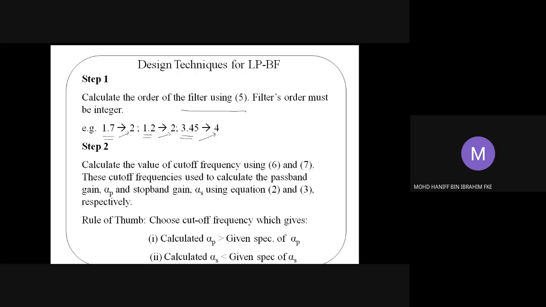As long as the value is bigger, for example 2.3, n should be written as 3. And if you have 2.1, you also put n equal to 3. That's how you round up the value of the filter order n. So that's the first step.